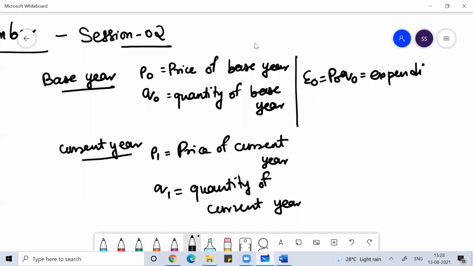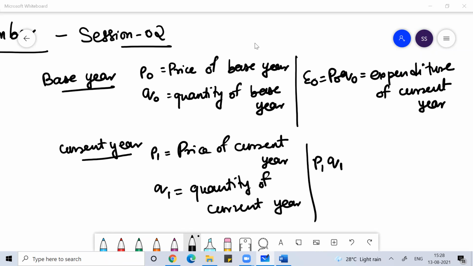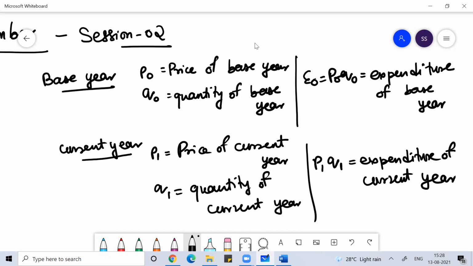So the expenditure of the base year we write as P naught Q naught, and the expenditure of the current year I'll write as P1 Q1. Clear, everyone? These are very self-explanatory things.